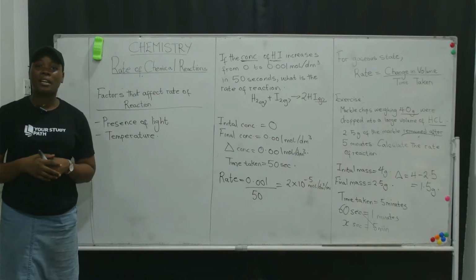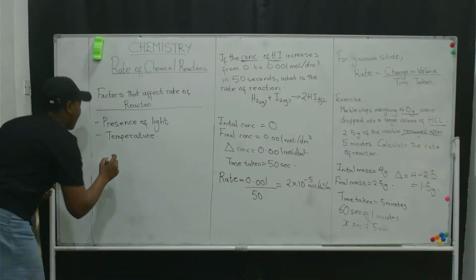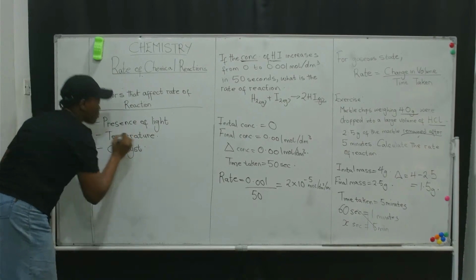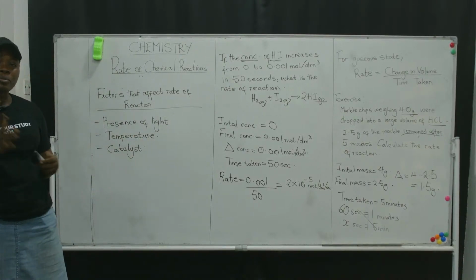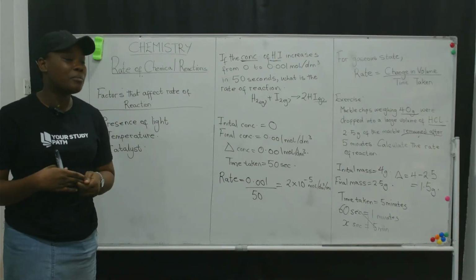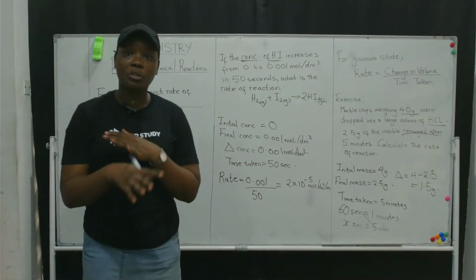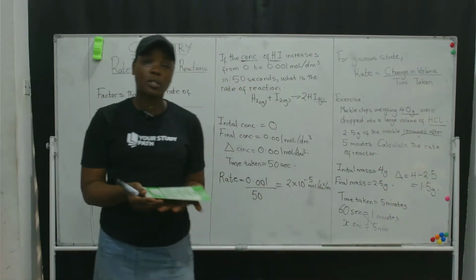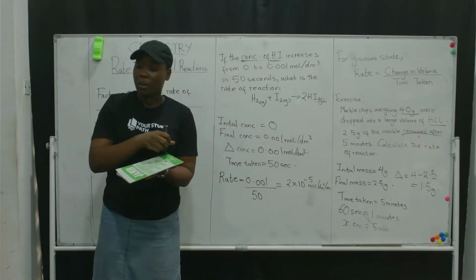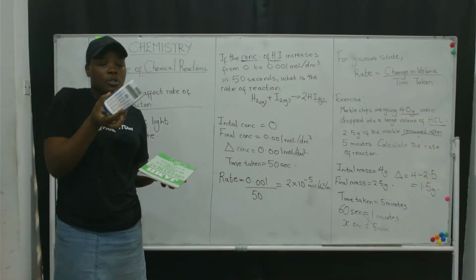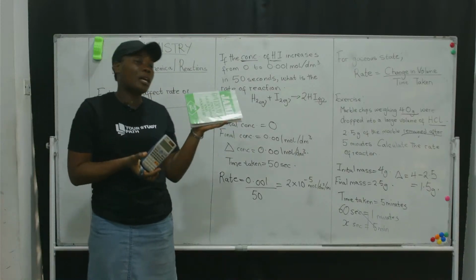Another factor that can affect it is catalyst. Are you familiar with the word surface area? It basically means the region of space available. So for this first one, this is the surface area, and this surface area is definitely smaller than this.